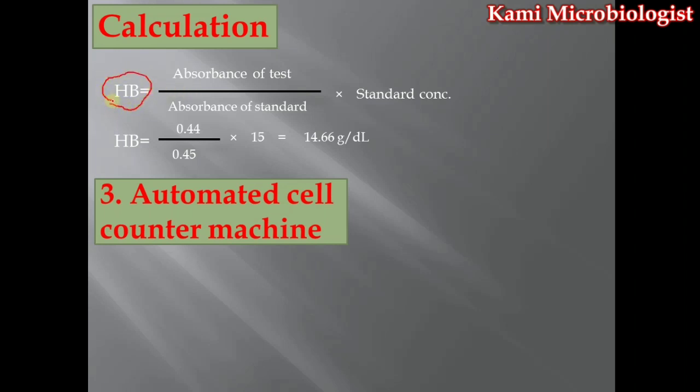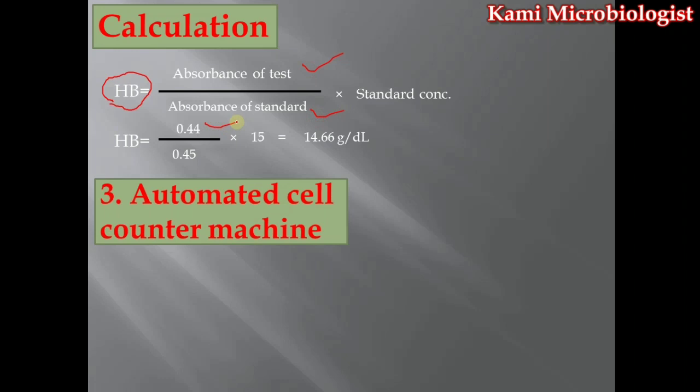Now once we find the absorbance, what we will do? We have to find the hemoglobin concentration. Then we will calculate it using a formula. First of all, we have to put the value of the absorbance of the test, meaning the cuvette that contains our mixture. Then second we use the absorbance of the standard, meaning the cuvette that contains the Drabkin's solution.